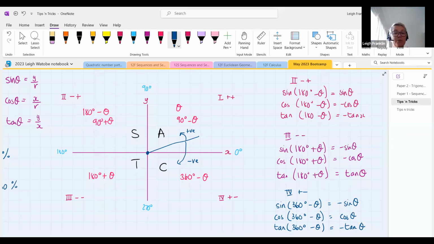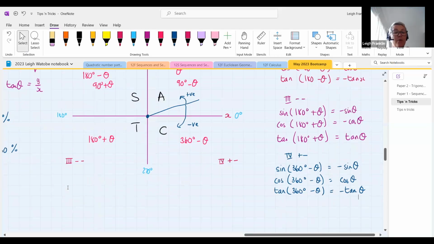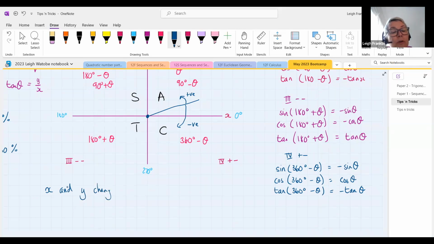Okay, so I'm also just going to add onto this diagram over here: x and y change sign depending on the quadrant. Okay, r is a length.